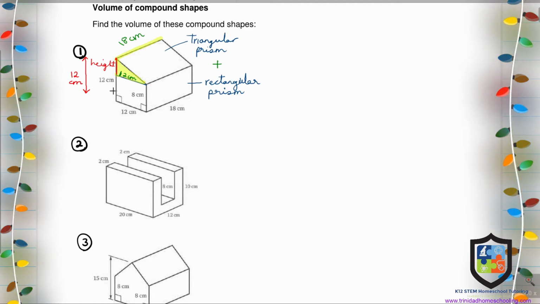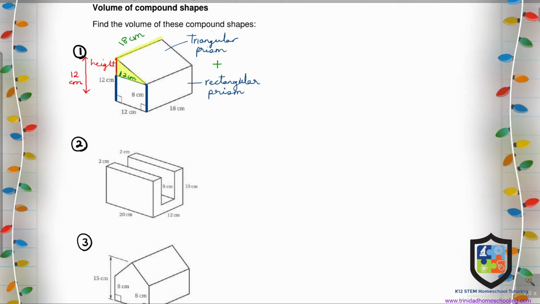Now, we know that this little piece here that I am going to highlight in blue is going to be the same as this height here, which is 8 centimeters. So if this little piece here is 8 centimeters in blue, what is this piece? What is the height? What is this little height of the triangular part alone?